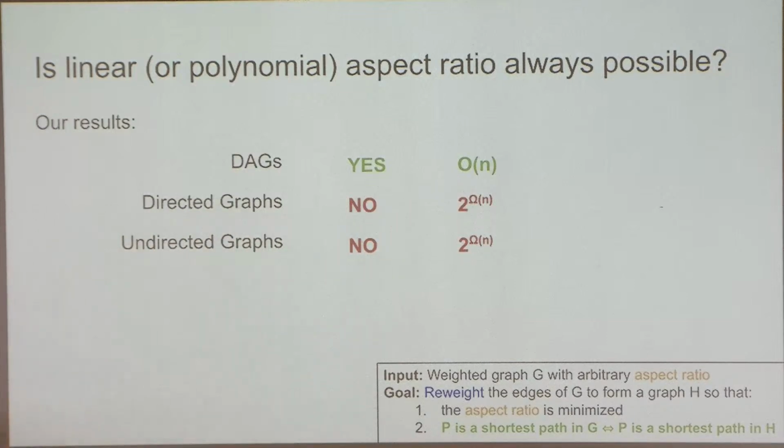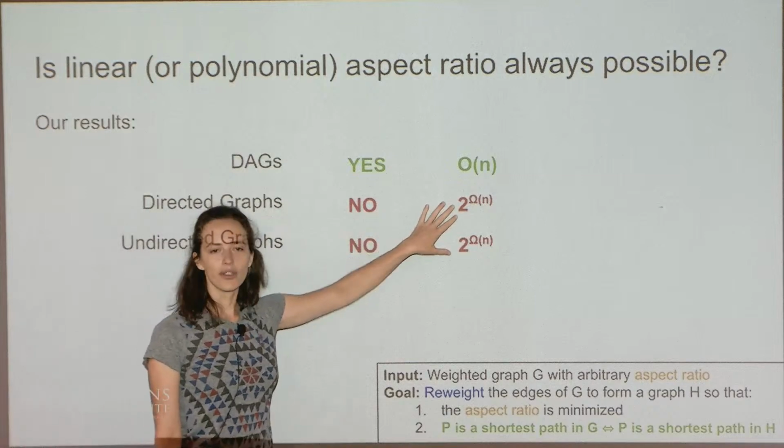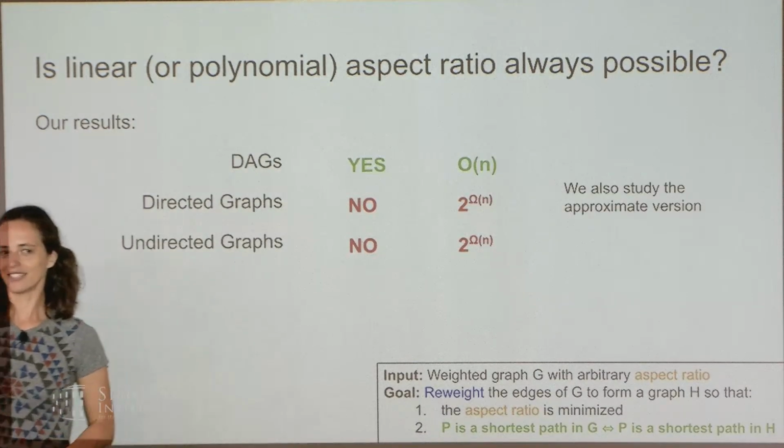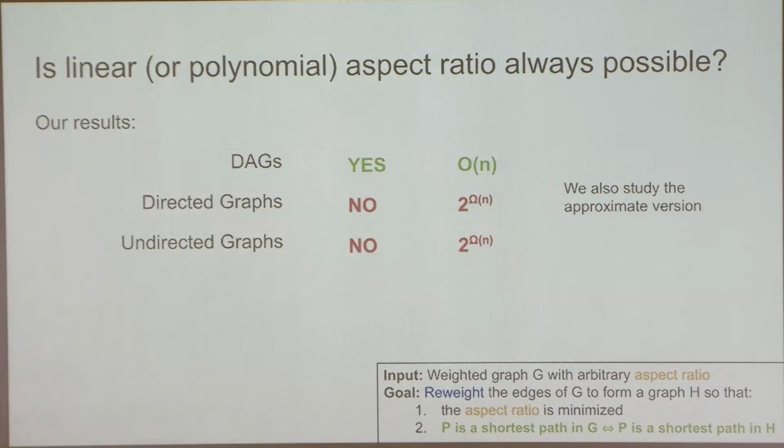But immediately when you add cycles to your graph and you have undirected or directed graphs, you lose, and you get this huge lower bound of 2 to the omega n. That is to say, there exist graphs such that no matter how you reweight them to preserve the shortest paths, you're still going to end up with exponential aspect ratio. And then we also study the approximate version, which I'll come back to a little bit at the end to define what I actually mean by that.